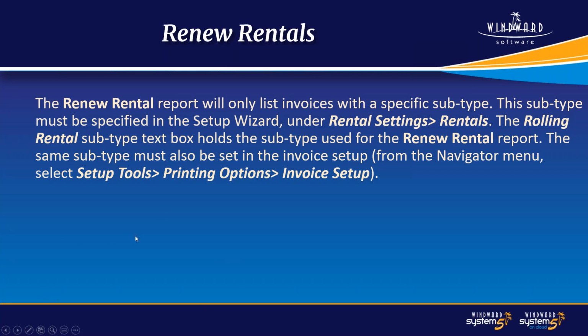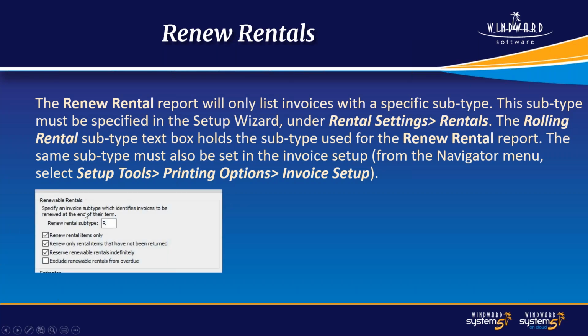The same subtype must also be set up in the invoice setup from the navigator menu. Select setup tools, printing options, and then invoice setup. As per the screenshot below, this is from the rental settings, and I'll show you later the other option where you need to set up the invoice subtype.